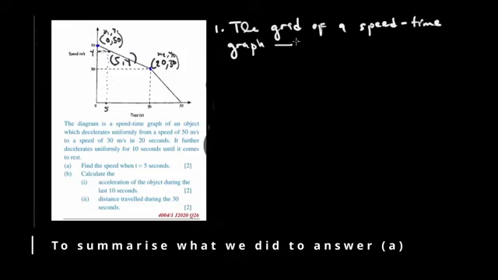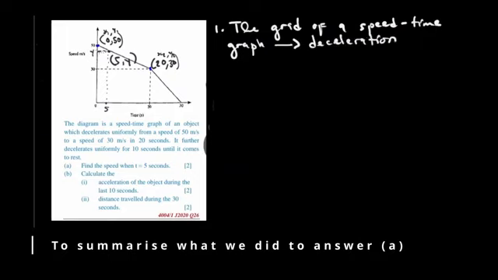So what did we do for A? Because I feel my explanation is not as clear as I intended. So to summarize what we did for A, number 1, we know that the gradient of a speed time graph gives us the acceleration or deceleration of the body.